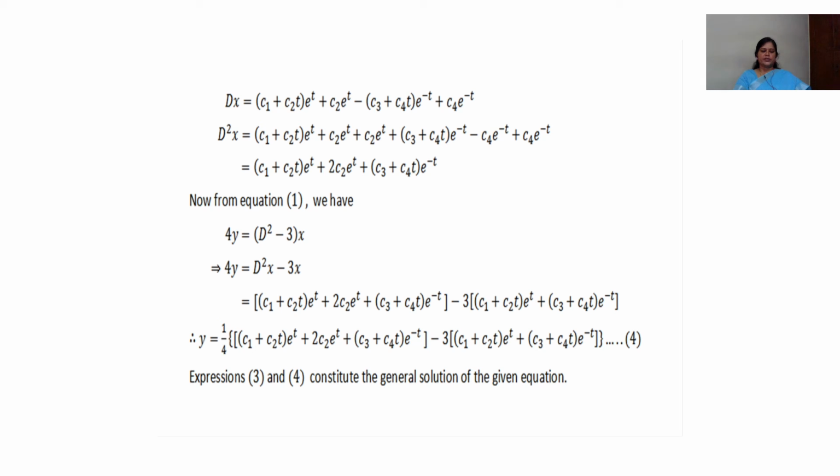So we know 4y is equal to d square x minus 3x from equation 1. So the d square x value we have to substitute, then minus 3 into just the x value.